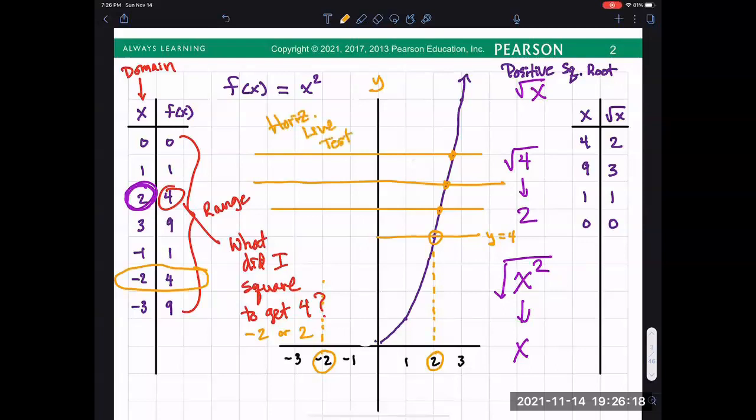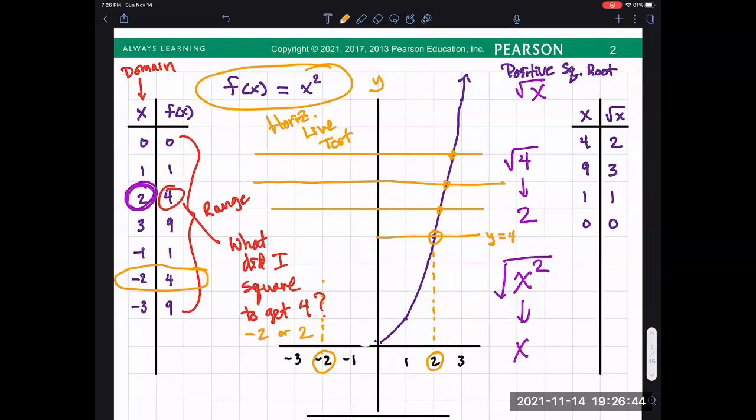Hopefully this sounds familiar. I never know whether students had a chance to really look at this well in algebra or not. So basically, if you're going to create an inverse function for some existing function, if you think about what the existing function looks like graphically, it needs to pass a horizontal line test for an inverse function to exist.